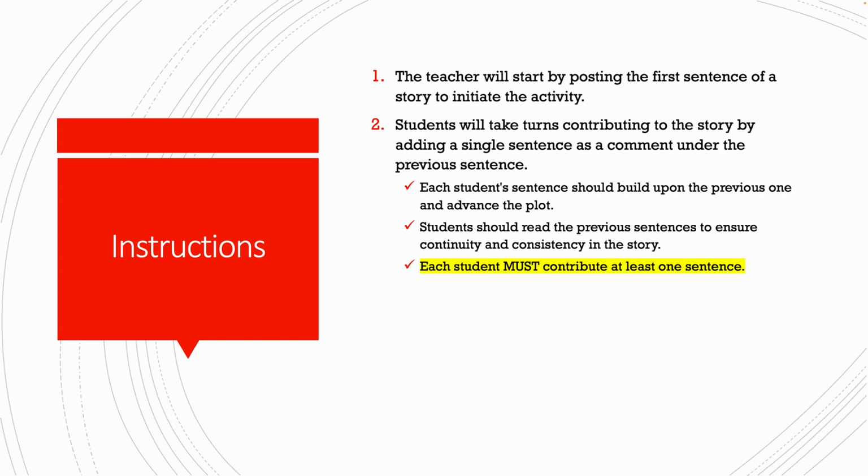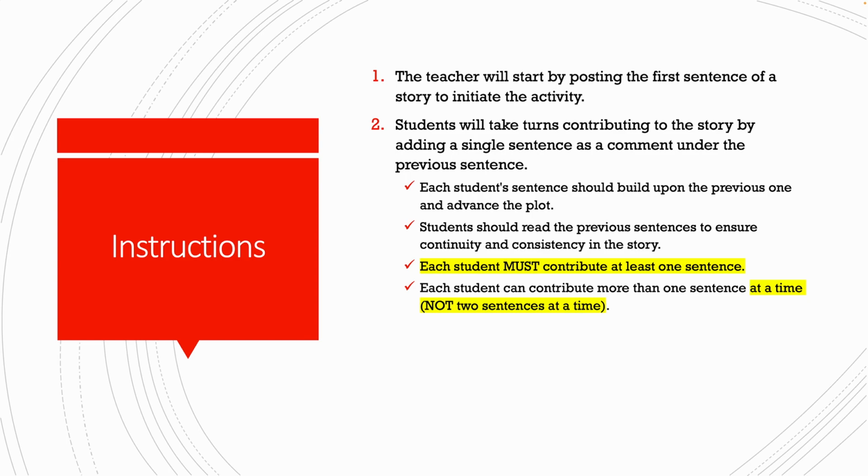And each student must contribute at least one sentence. I said at least one. This means each student can contribute more than one sentence, but you cannot post 2 sentences at a time.